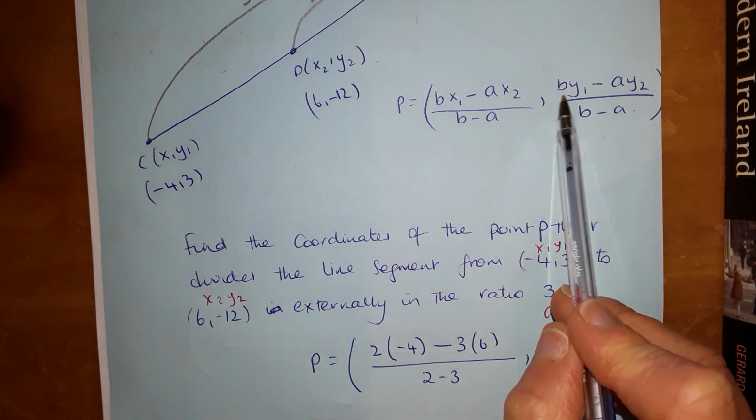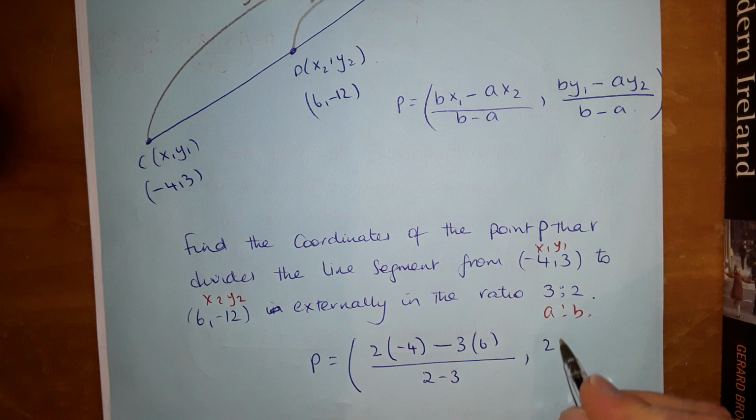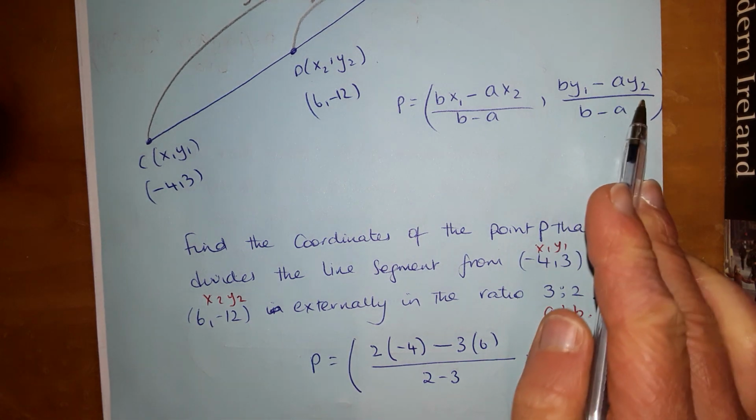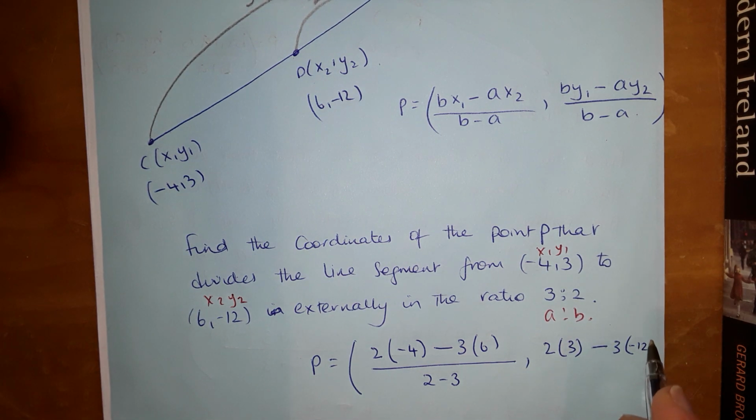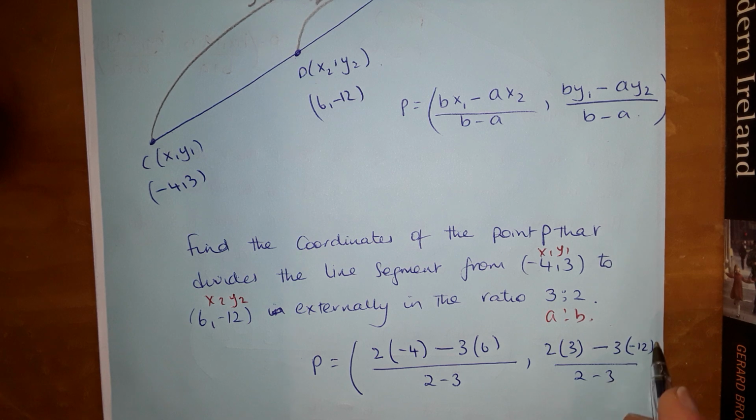Then I have b, y1, so b is 2, y1 is 3, minus a, y2, a is 3, y2 is minus 12, all over 2 minus 3.